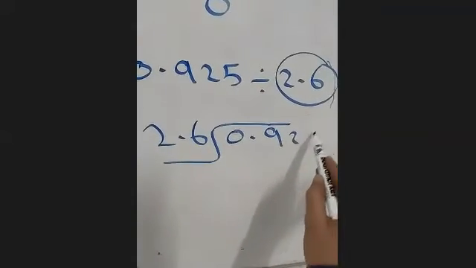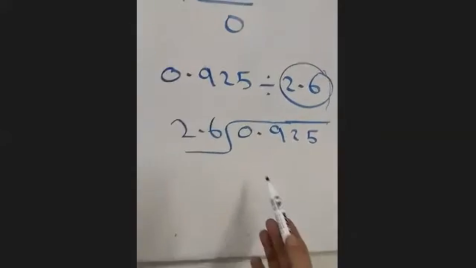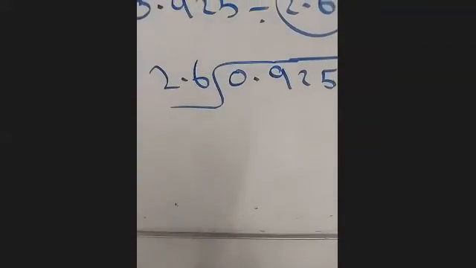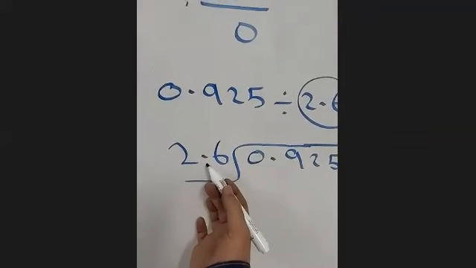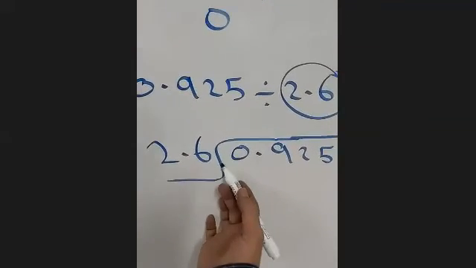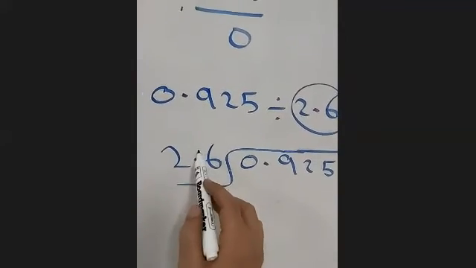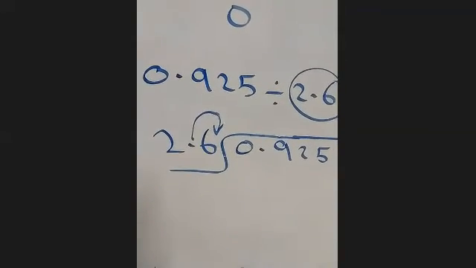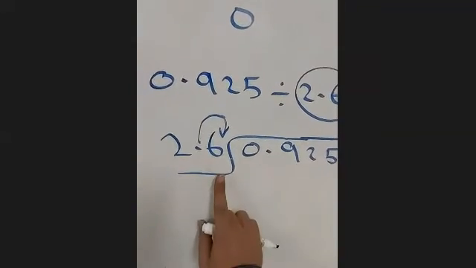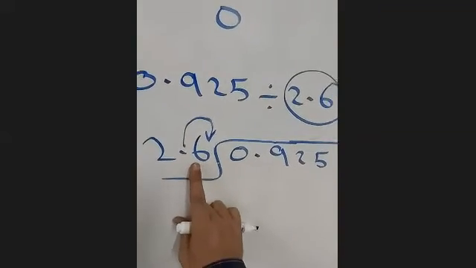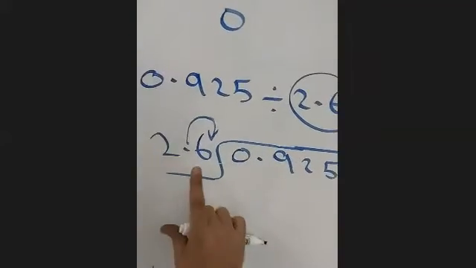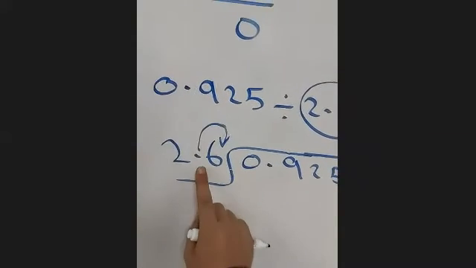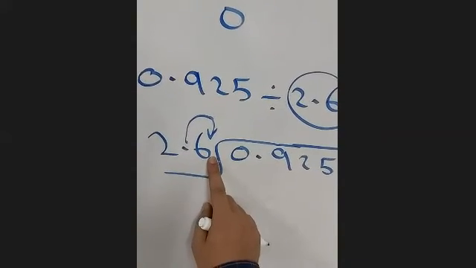Now, in the division of decimals, we need to get rid of this decimal. How do we get rid of this decimal? We won't go to the left. We will go where? To the right. How many digits do I need to go to the right to push it here? 1 digit. If I push it here 1 digit, I will push here also the same number of digits. Got it? So this decimal will be here, right?